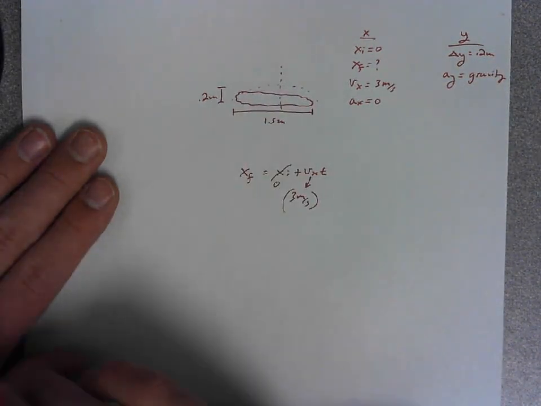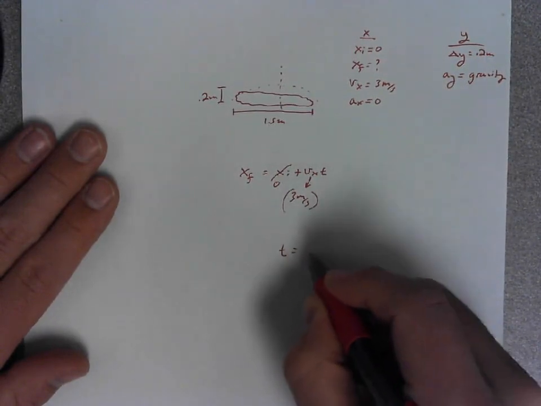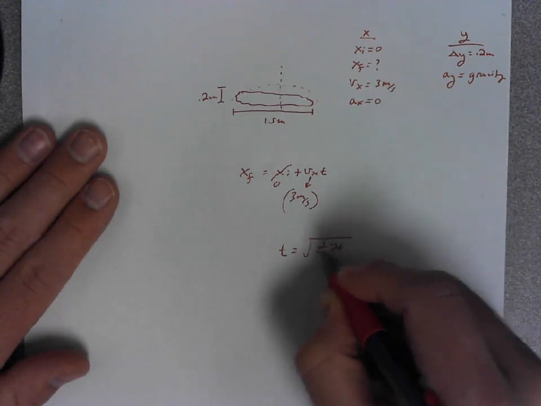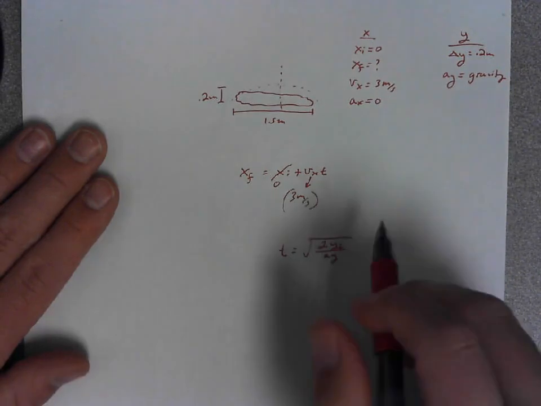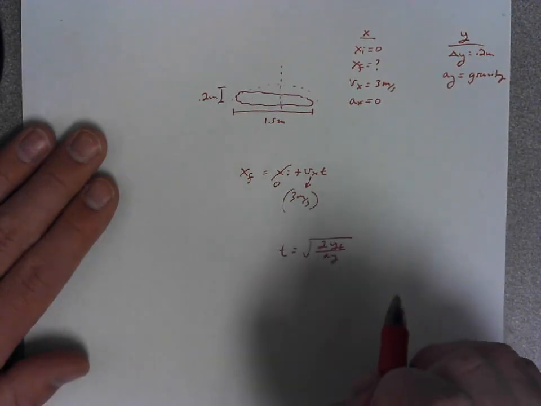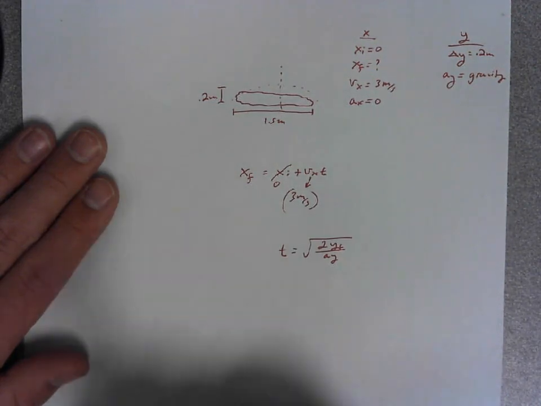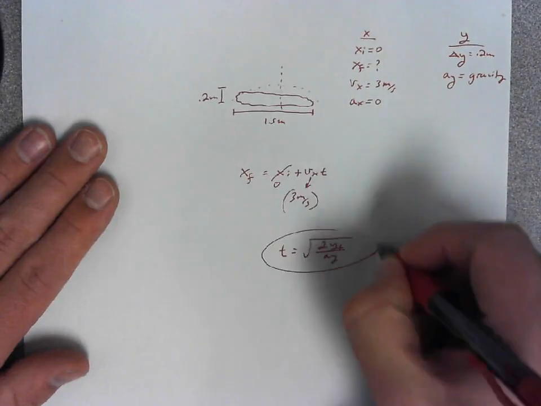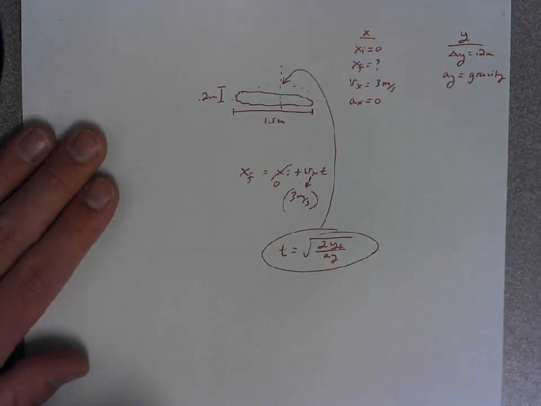Okay? So we have an easy equation that we have used many times in class to solve for that information. This equation is valid if we assume that my y initial is 0. So in other words, we're going to use this equation starting from this point of the diagram.